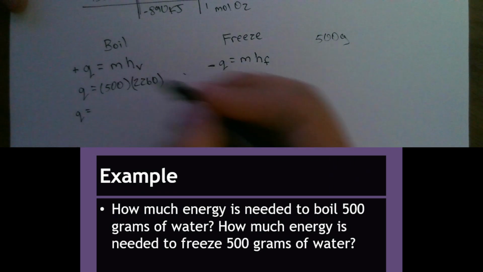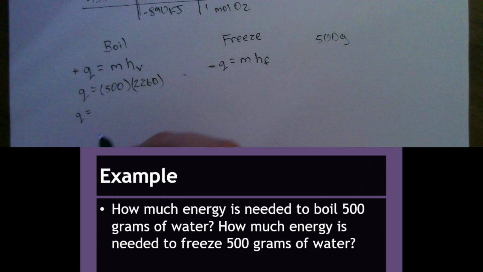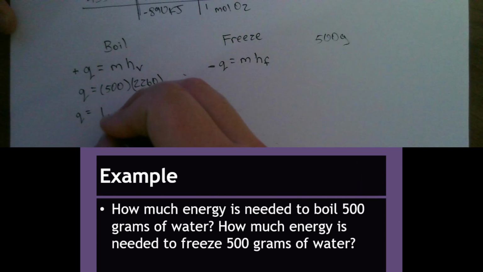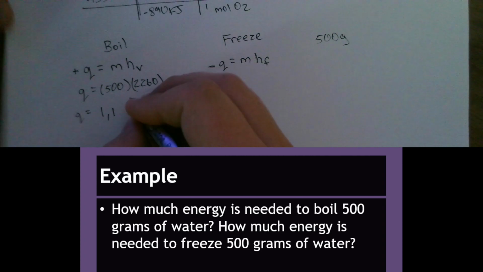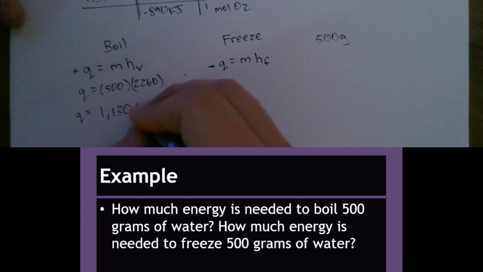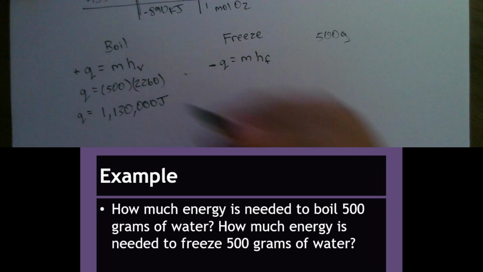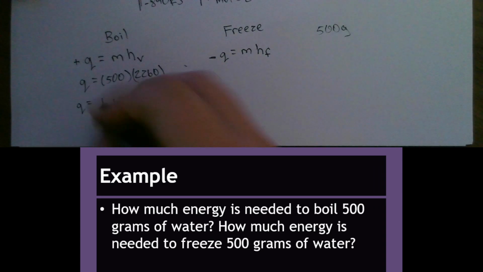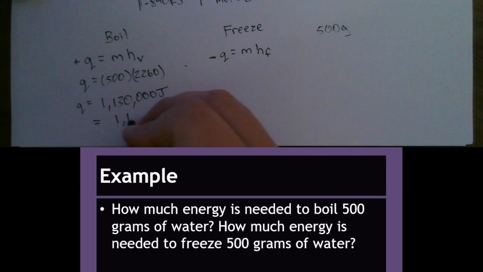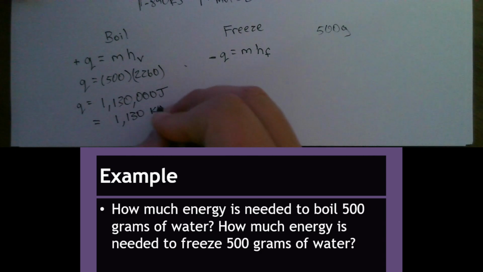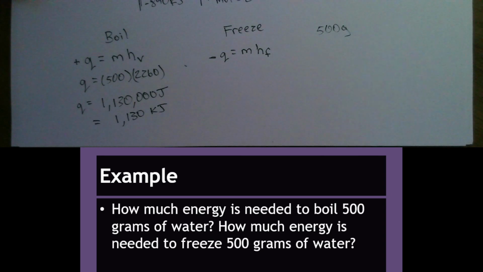Plug this into my calculator, 500 times 2260. Real big number: 1,130,000 joules. With really large numbers like this, you would likely see it written as kilojoules, so it'd be 1,130 kilojoules. Both those answers are the same.